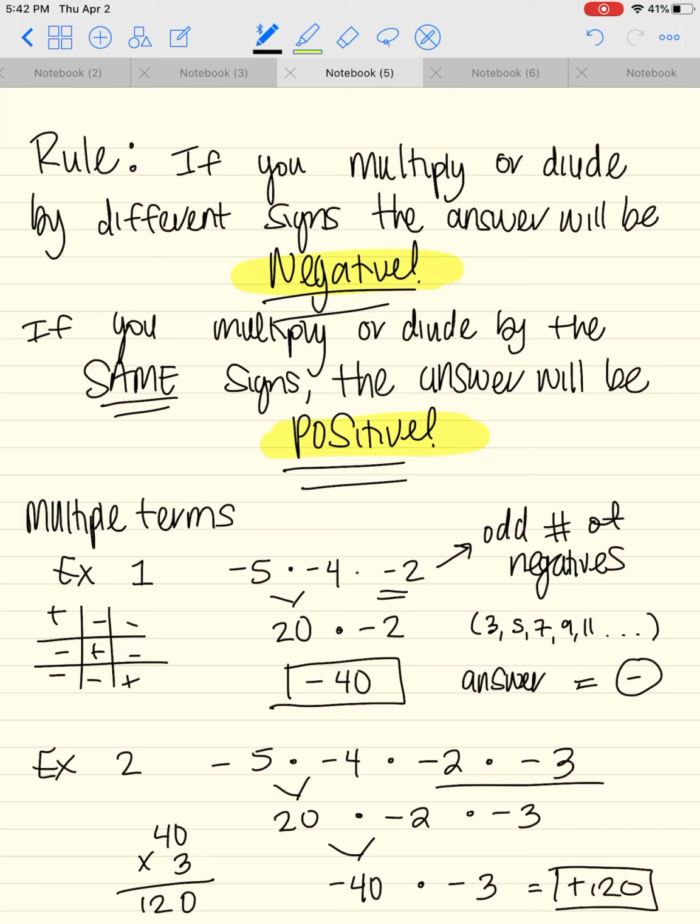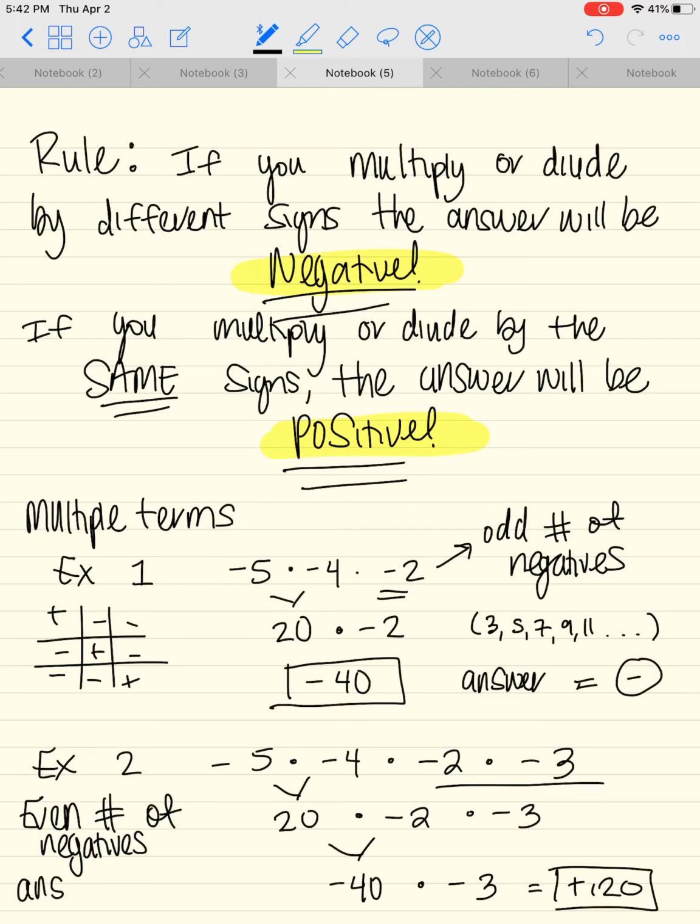However, in example 2, we didn't have an odd number of negatives. We actually had an even number of negative integers. So odd is the opposite of even. So in this case, we had an even number of negatives.